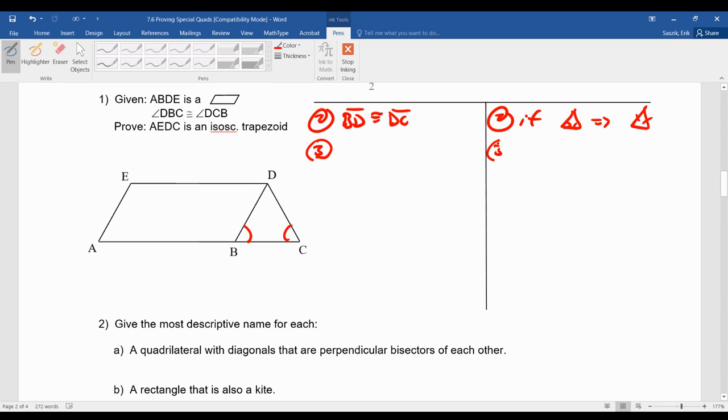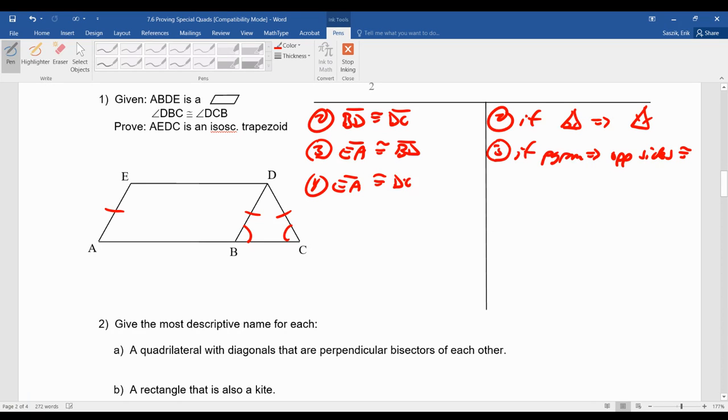And then here I'm going to say that EA is congruent to BD, if parallelogram, opposite sides are congruent. And of course, you can see a transitive step coming here, right? So that means that EA is congruent to DC.